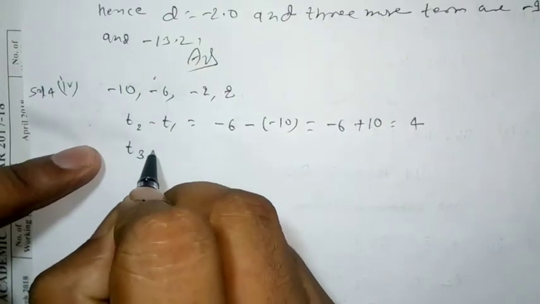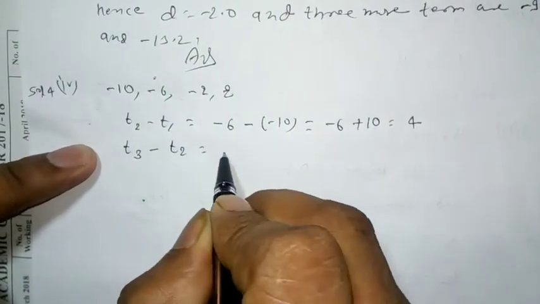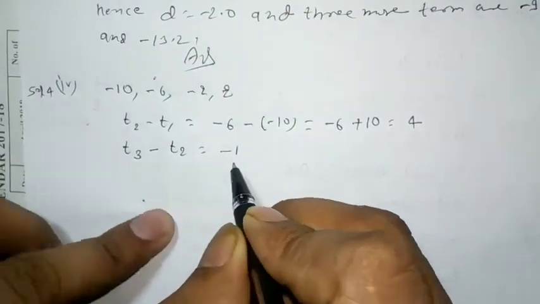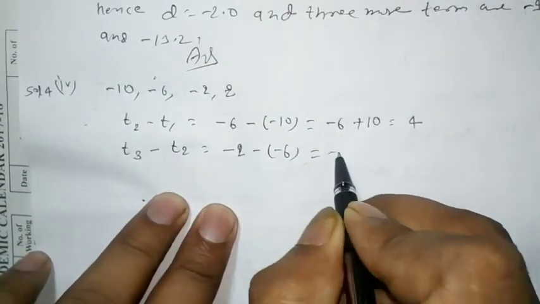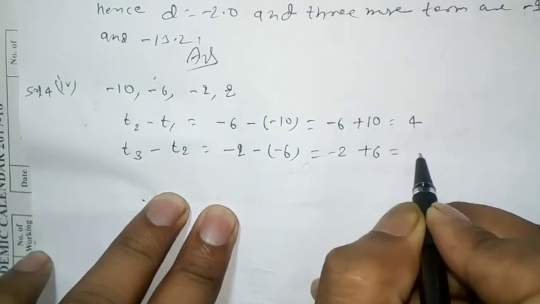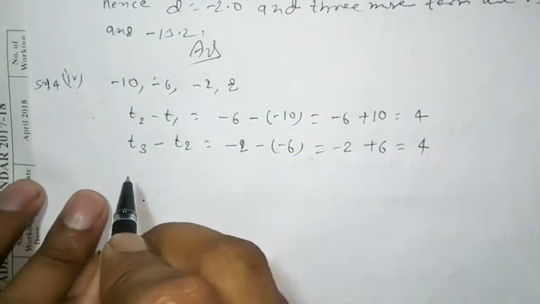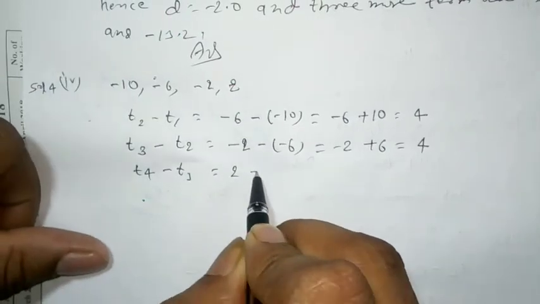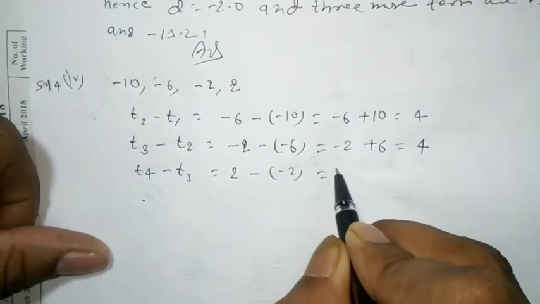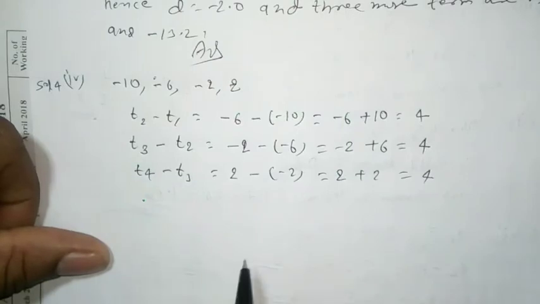Again T3 minus T2 is equal to -2 minus -6, equal to -2 plus 6, equal to 4. T4 minus T3 is equal to 2 minus -2, equal to 2 plus 2, equal to 4.